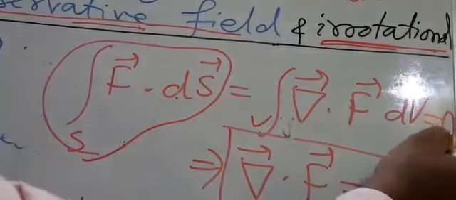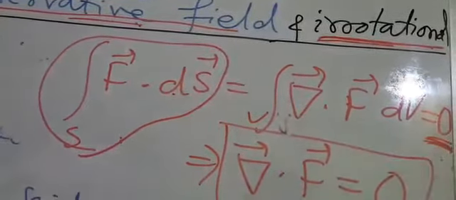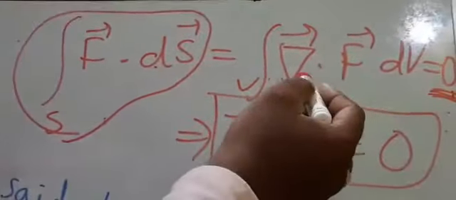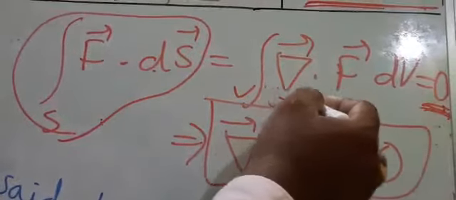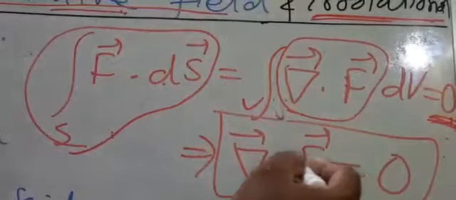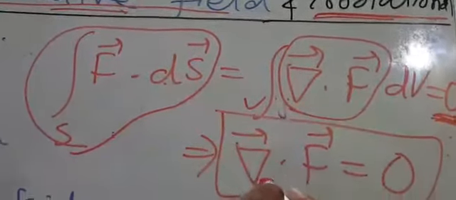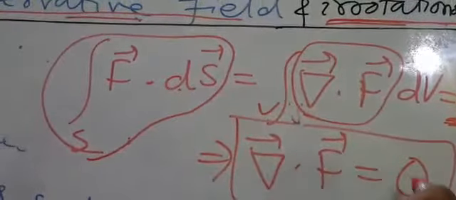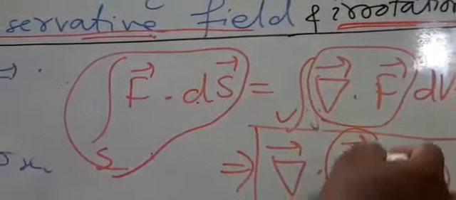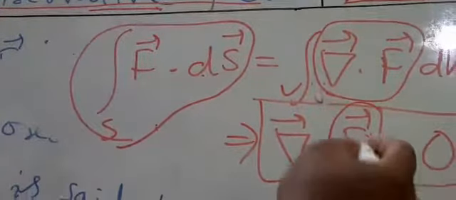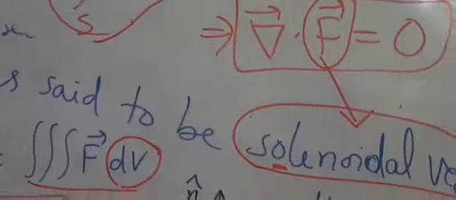The result is 0 as per the condition, f dot ds is equal to 0. So if the integration is 0, the integrand part should be 0. So divergence of f is equal to 0. Already we have discussed, if the divergence of any vector is 0, then that vector field is called a solenoidal vector field. So f is called a solenoidal vector field.